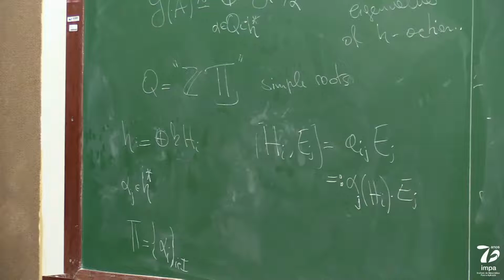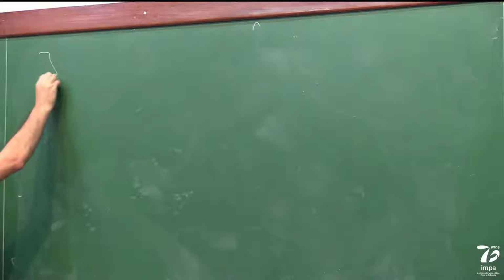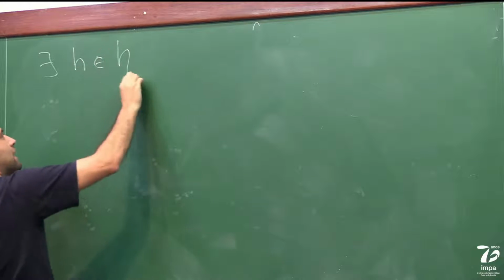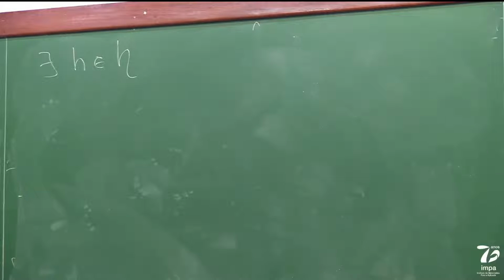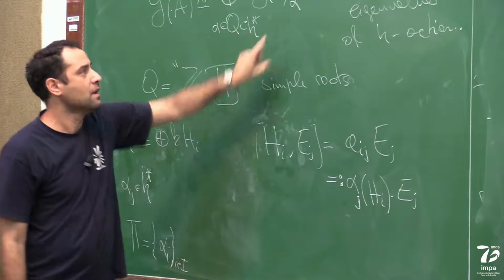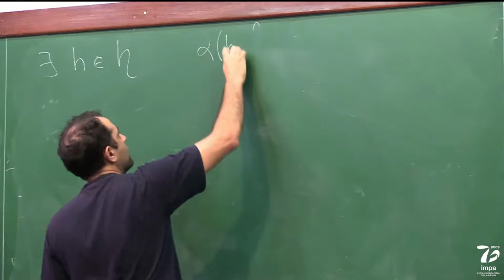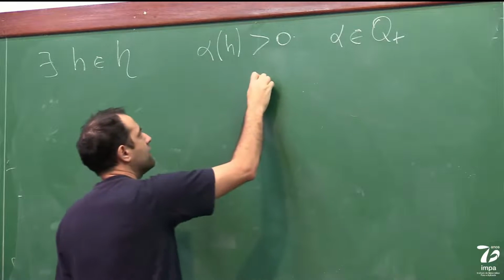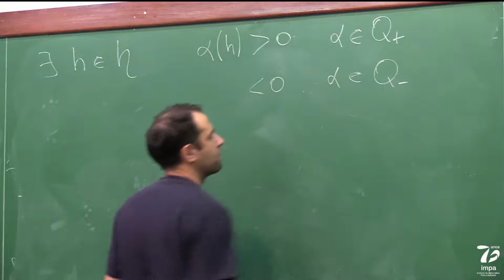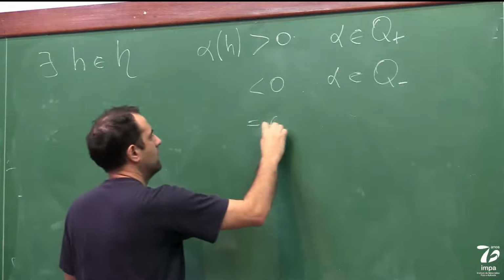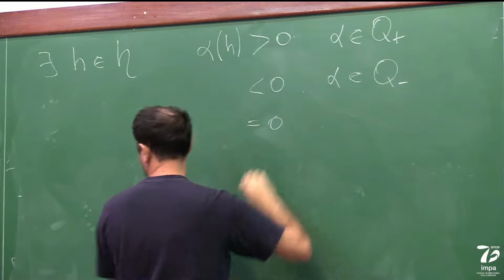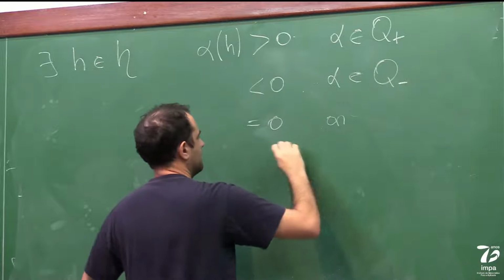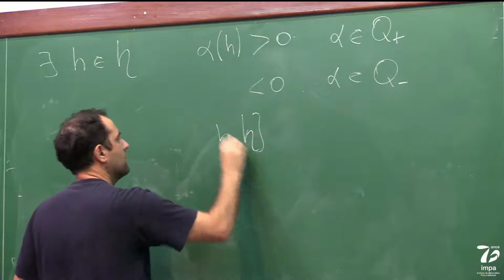But I have this diagonal action of H, that Lie algebra, which is a commutative Lie algebra, on G tilde of A. So the final thing is, there exists a fixed element H in that Lie algebra that acts, well, they all act diagonally because we have this decomposition, but I'll require that alpha of H is positive when alpha is in Q plus, and is negative when alpha is in Q minus, and is 0 on H, H acting on H is equal to 0.